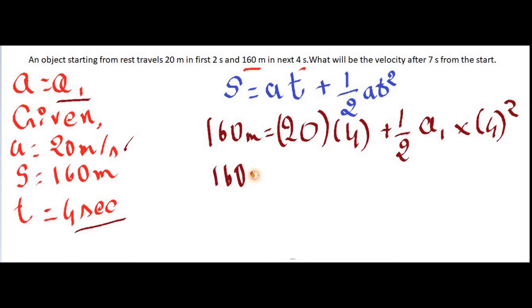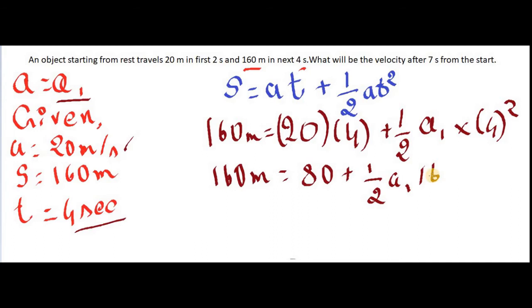160 meters is equal to 20 into 4, which is 80, plus half a1 into 4 square, which would be 16.